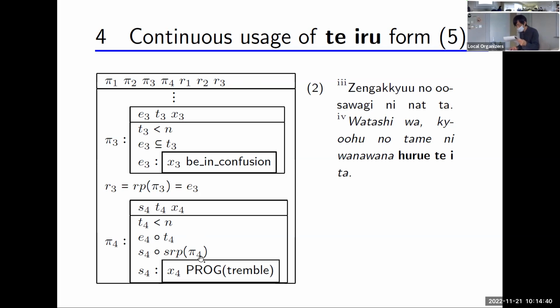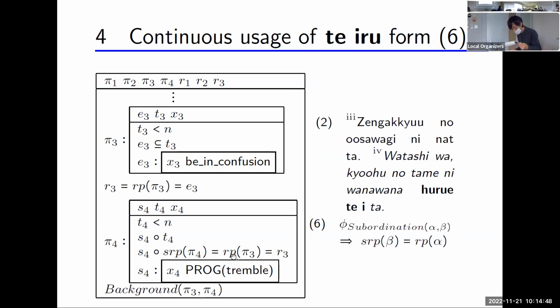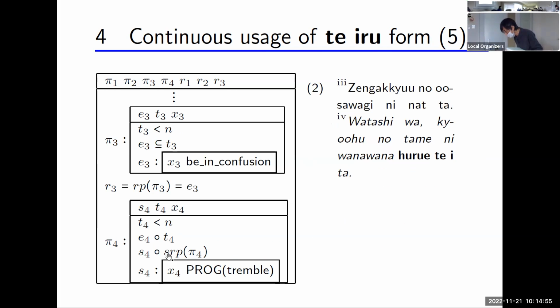And at this stage of single sentence based analysis, the SDRS for pi 4 remains underspecified because the value of this SRP of pi 4 is not determined yet.